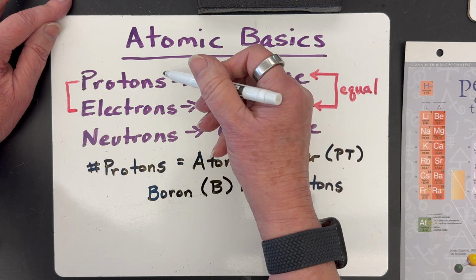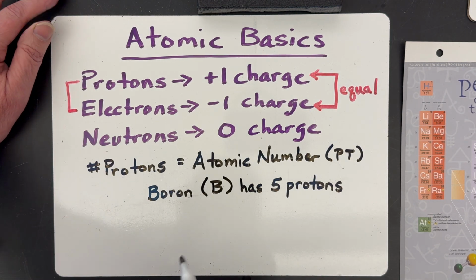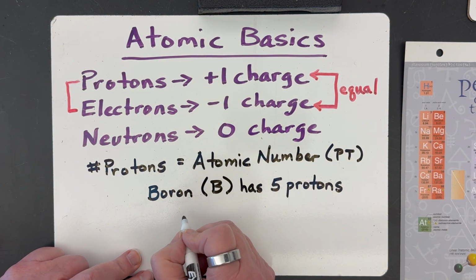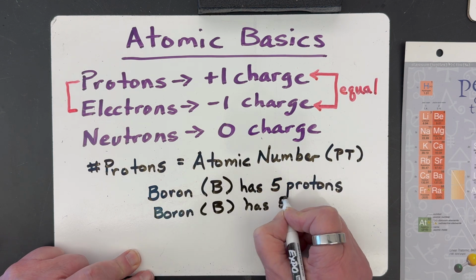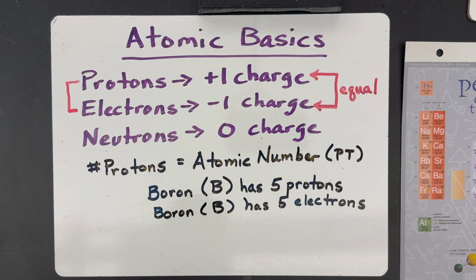So remember, our protons and electrons are equal. So boron has 5 electrons also. So if you are given either protons, atomic number, or electrons, you can find the other one because all three of those things are equal. Electrons equal protons equal atomic number. An atomic number we find on the periodic table.